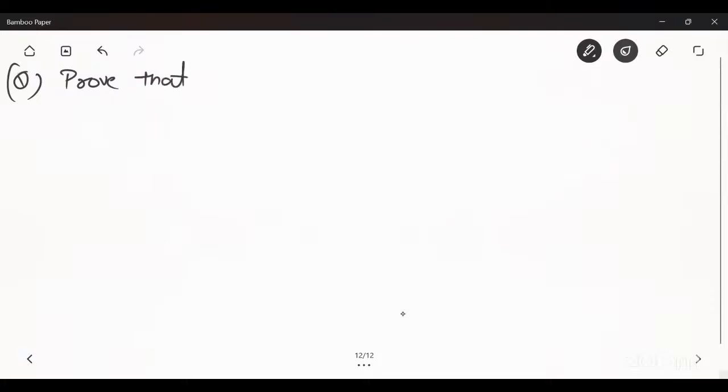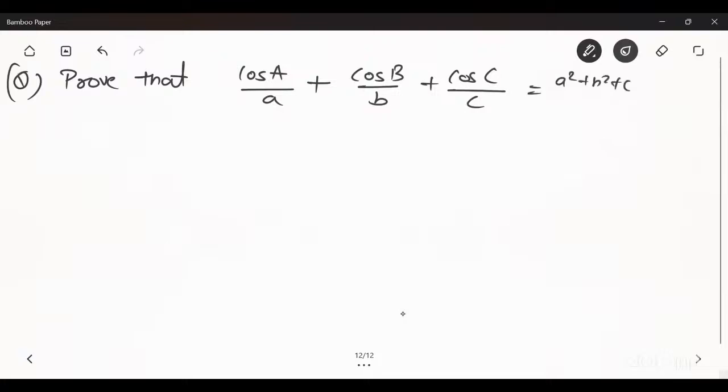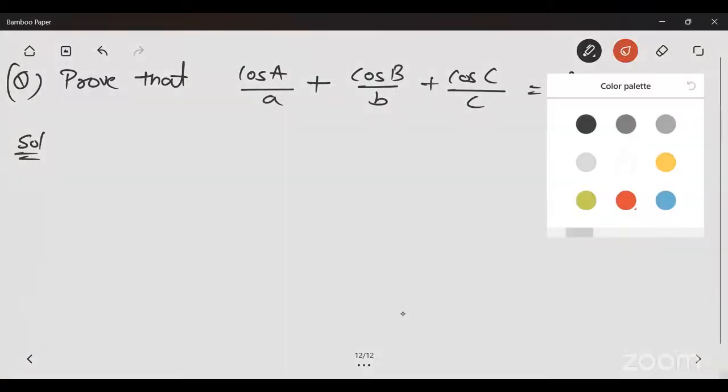This is your previous year question: prove that cos A upon a plus cos B upon b plus cos C upon c is equal to (a square plus b square plus c square) upon 2abc. Now I am providing the solution.